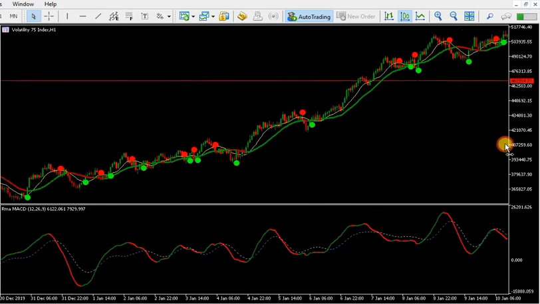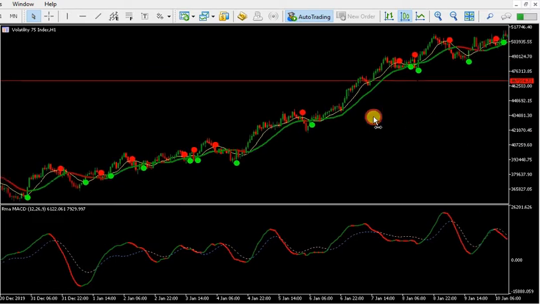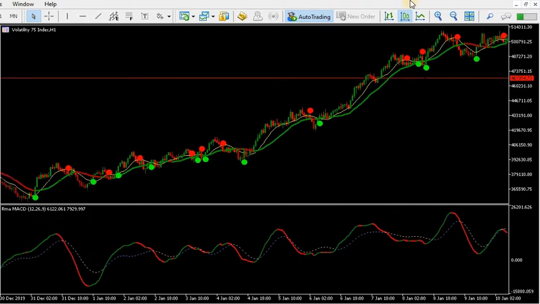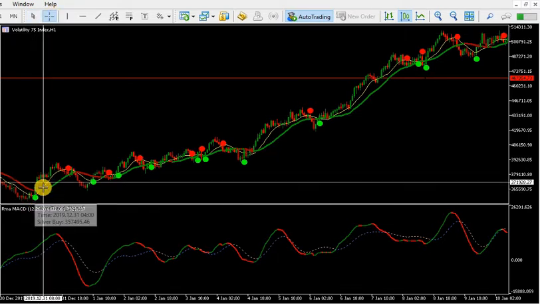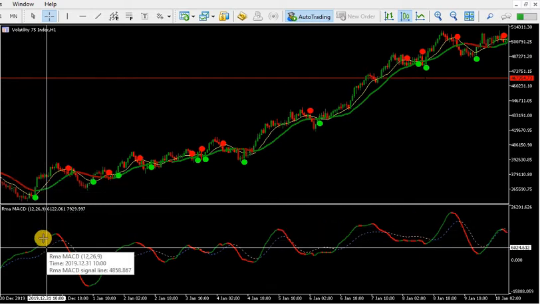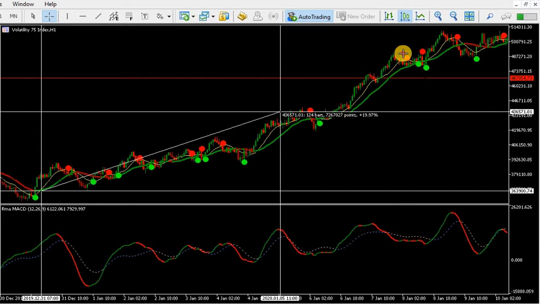And look, one more long-term buy on this time frame. Dot, green line, RAM must also be rising up. Enter, and look how it is.